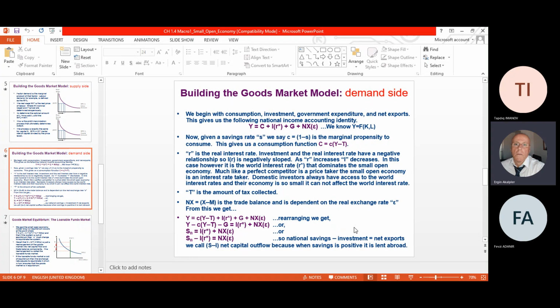If we say the marginal propensity to save plus the marginal propensity to consume must equal 1, then the consumption coefficient will become 1 minus S, which means the consumption plus saving coefficients, when you add them, become equal to 1.